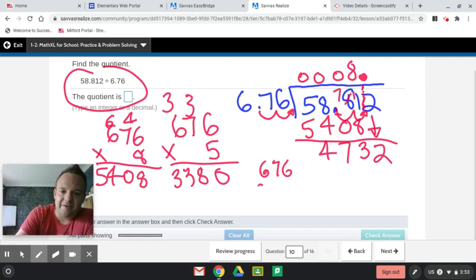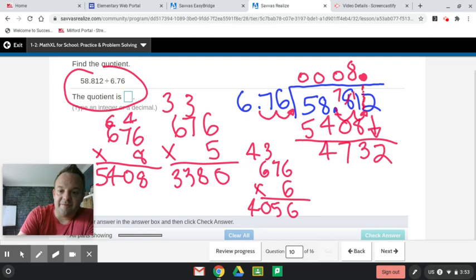676 times 6. 42 plus 3 is 45. 36 plus 4 is.